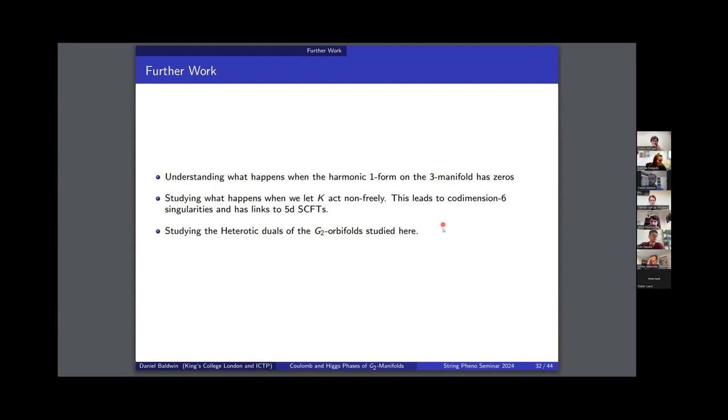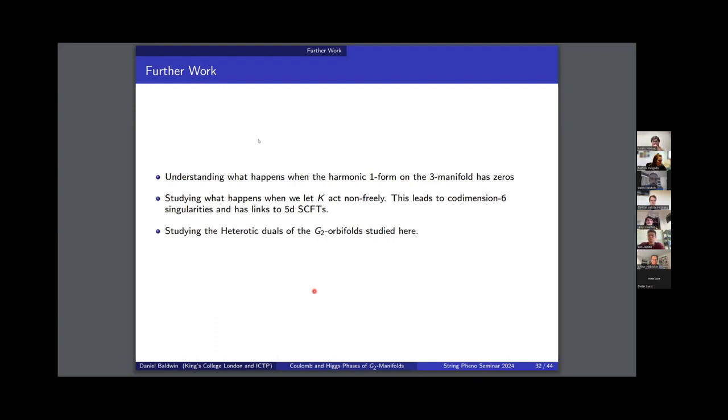In this case, in the G2 orbifold, you'll get codimension 6 singularities, and this has links to 5-dimensional superconformal field theories. And you could also study the heterotic duals of these G2 orbifolds and study the physics from the heterotic string theory point of view. And this is some work that I'm doing at the moment.